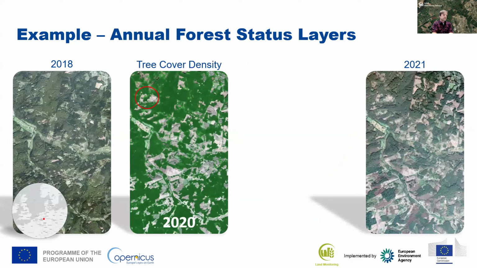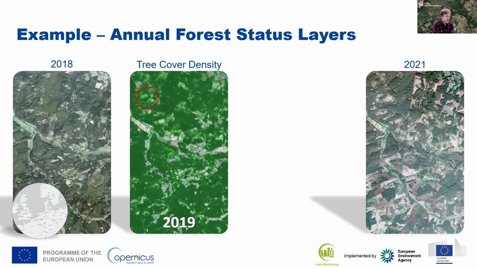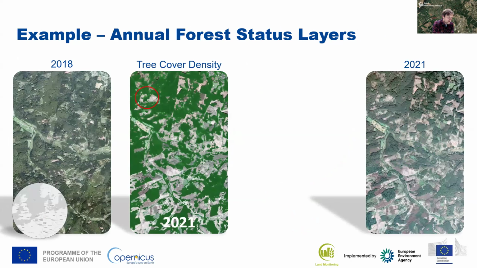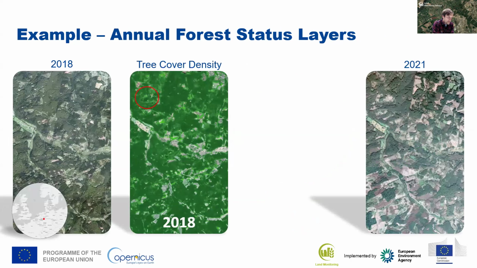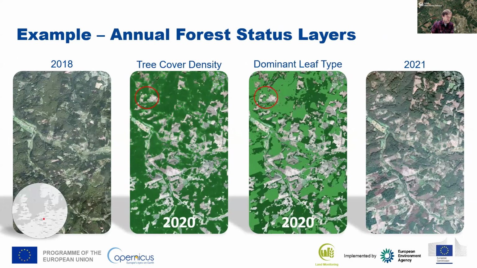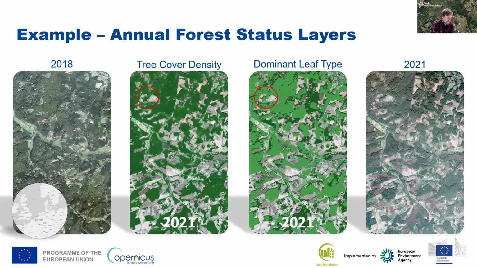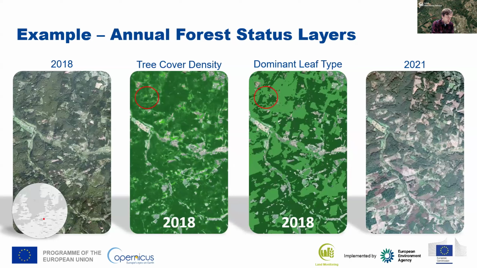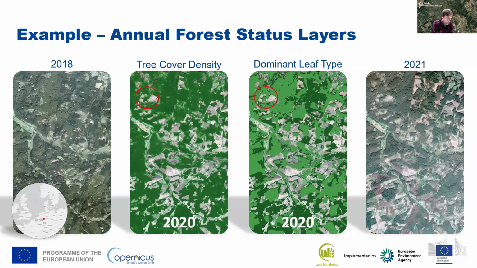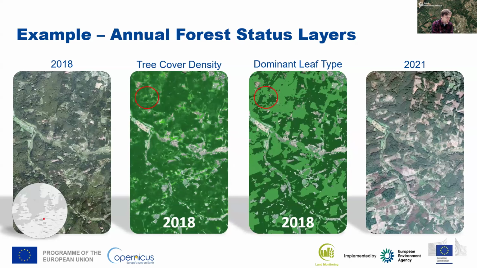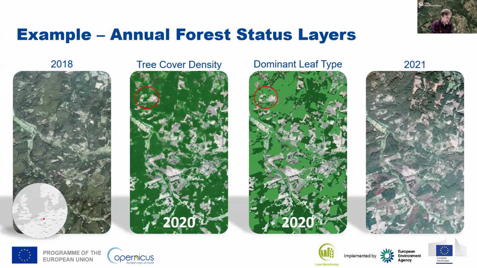And we see here the first primary product, the tree cover density, which shows in 2018 quite high values, but then due to drought-induced bark beetle infestation, a lot of the coniferous trees die and then finally get cut down. And we see in the tree cover density in 2018 there are still quite some high values.